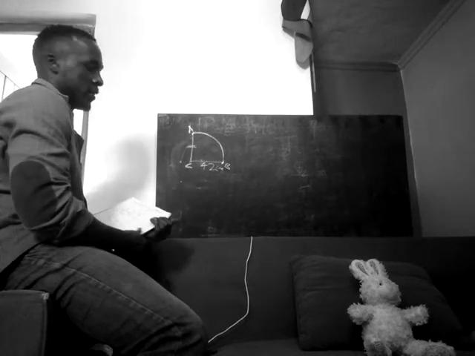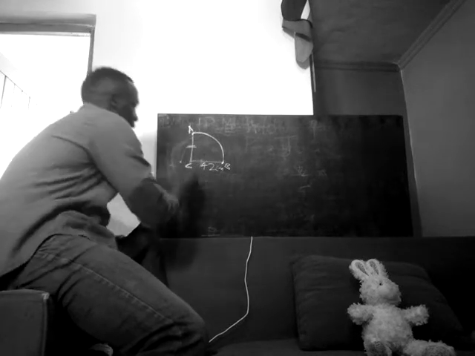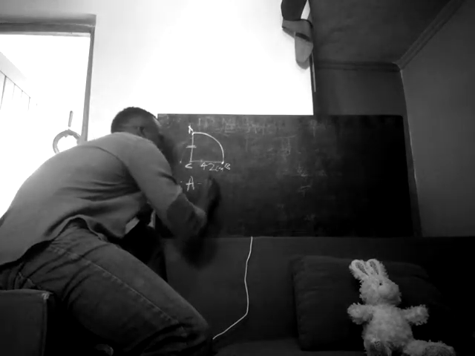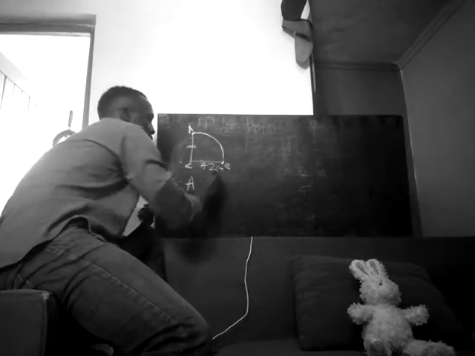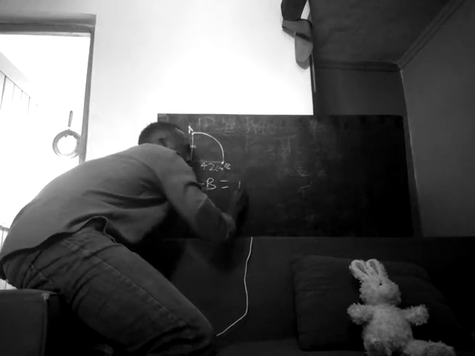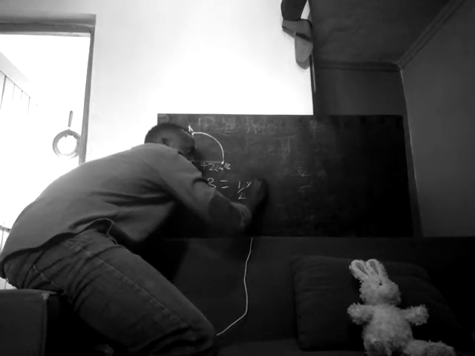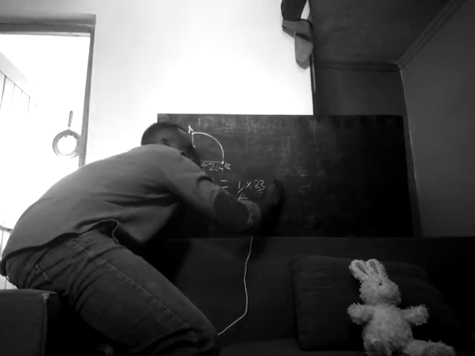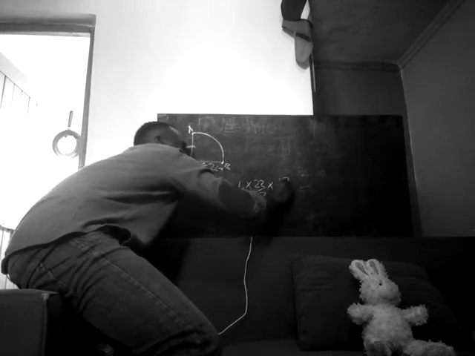So having marked our points, from A to B, we have a quarter times 22 over 7 times 42.